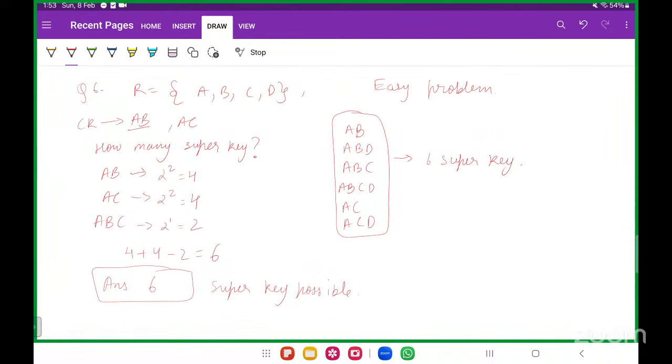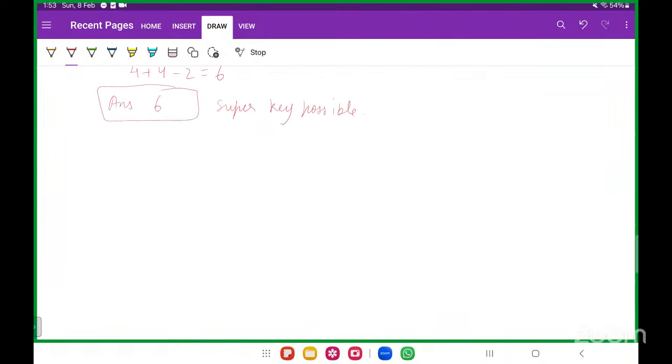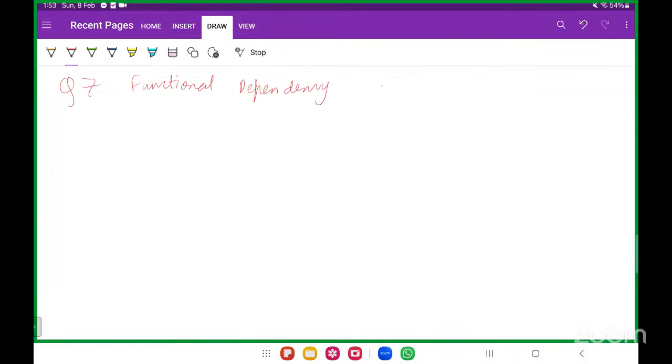Now, related to functional dependency, there is one more problem that has been asked, and that is an MSQ problem. It is memory based; 3 options are given, and the 4th option is missing as of now.